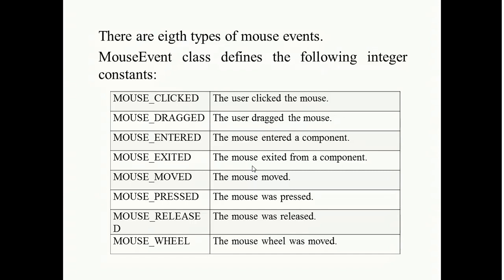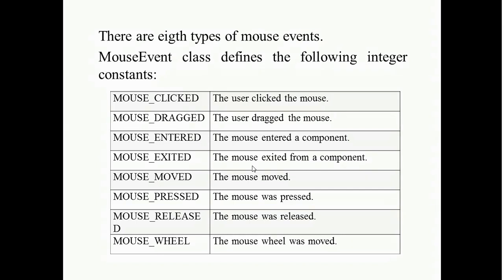Fifth is mouse moved. This event occurs when the mouse is moved. Sixth, mouse pressed. This event occurs when the mouse is pressed. Seventh is mouse released. This event occurs when the mouse is released. And last, eighth, is mouse wheel. This event occurs when the mouse wheel is moved.